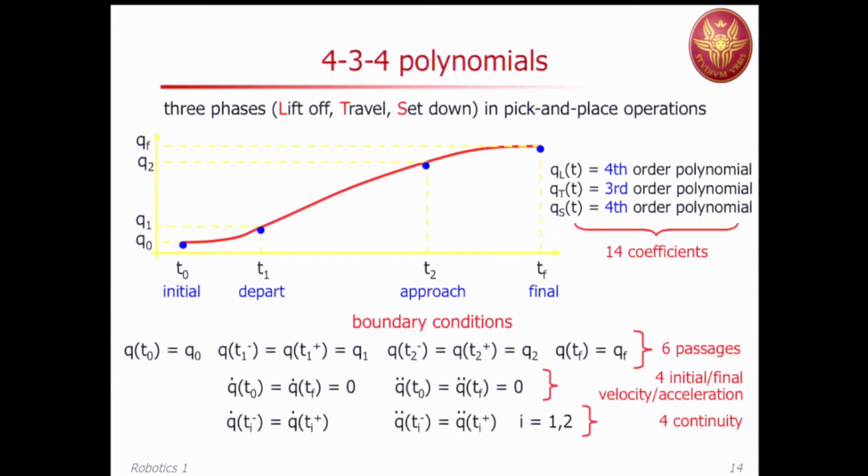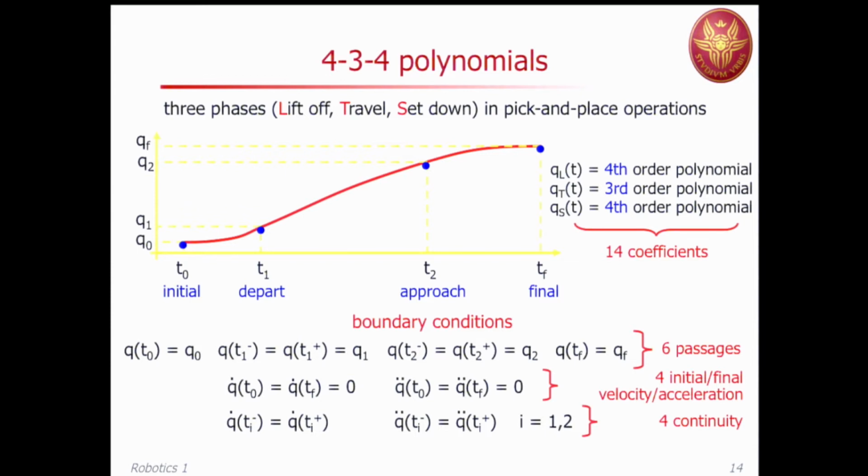Now, in the joint space, but if you wish, also in the Cartesian space, there's another interesting, very practical case, which is connected to one of the typical tasks of the robot, meaning picking something in a place and placing it somewhere else. Okay, so the pick and place operation.